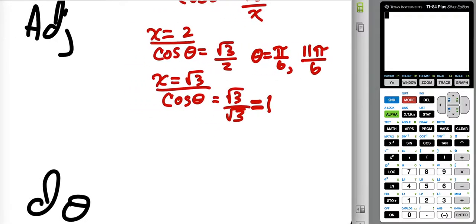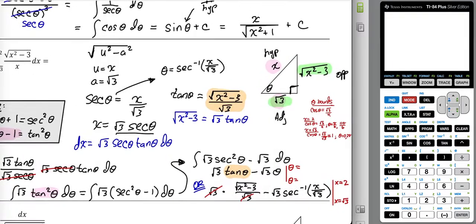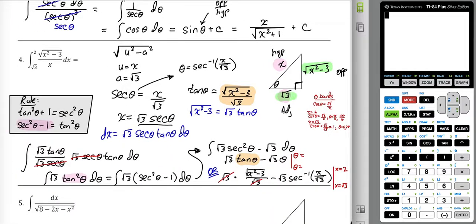As opposed to where cosine is 1, theta would be equal to 0 or 2 pi, or any multiple of that. So then I would want to be thinking about which one or ones are going to make sense here.